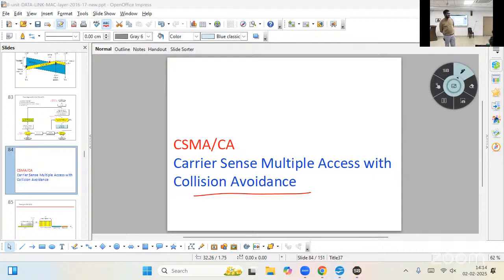Third, channel allocation: FDMA, TDMA, CDMA. So in the condition-based protocols, we can use CSMA/CD to avoid collision.